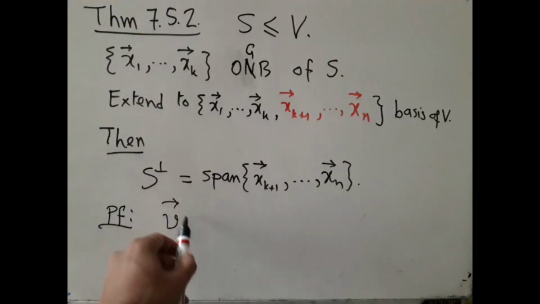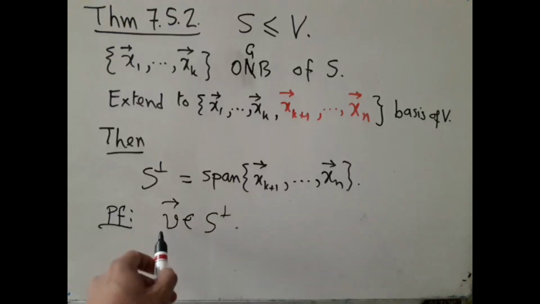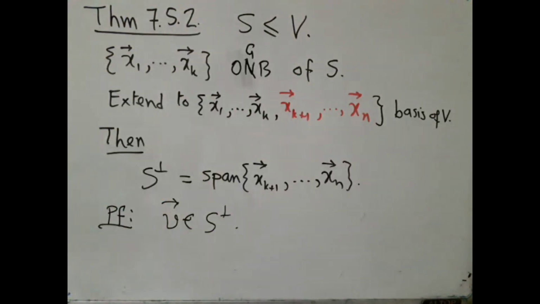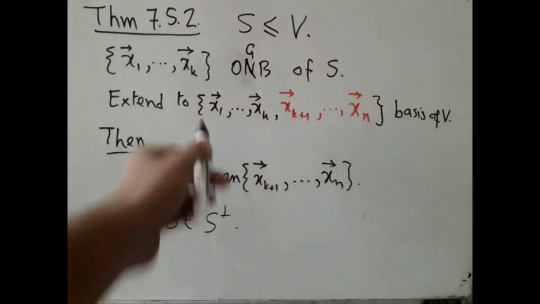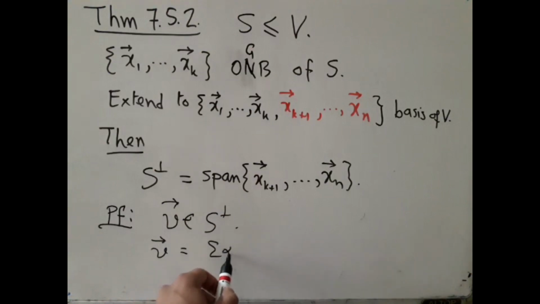Suppose I take any v in S perp, which means v is perpendicular to all my vectors in S. Now v is a vector in V and this is a basis, so I can definitely write v as the summation of alpha i xi, i from 1 to n.